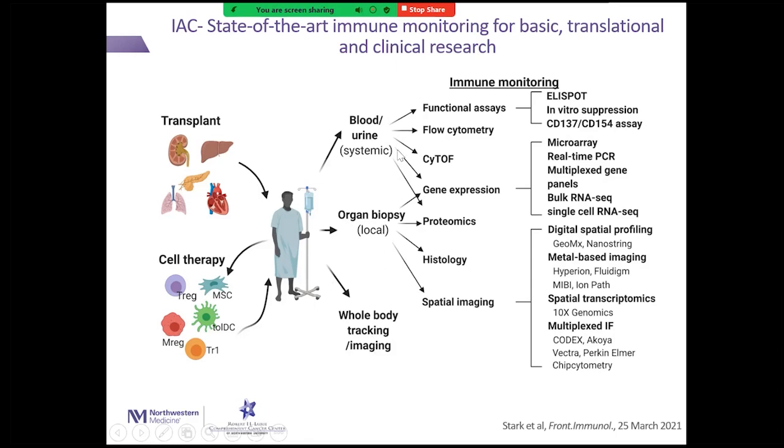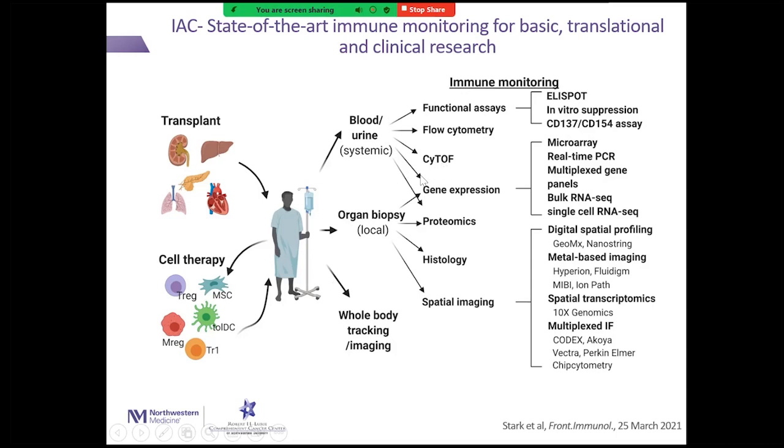So the systemic monitoring could be through different functional assays where you will take the cells and run them through ELISpot or some kind of functional killing assays, those kinds of things. You could also run flow cytometry to get a deep immunoprofile of the whole sample, or you could run spectral or mass cytometry with CyTOF kinds of techniques.